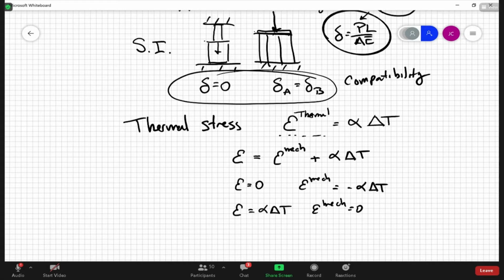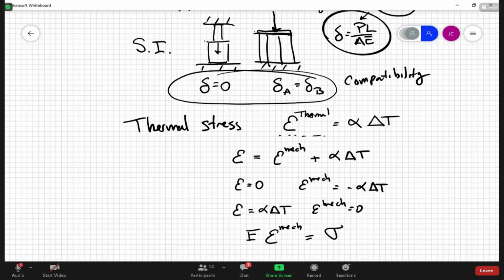Or there was some combination where it would expand a little bit freely, and then the rest would be resisted by mechanical strain. But whatever, the idea here is you actually need to get the mechanical strain, because that's the one that gets multiplied by Young's modulus and gives you the actual stress in the component, okay?